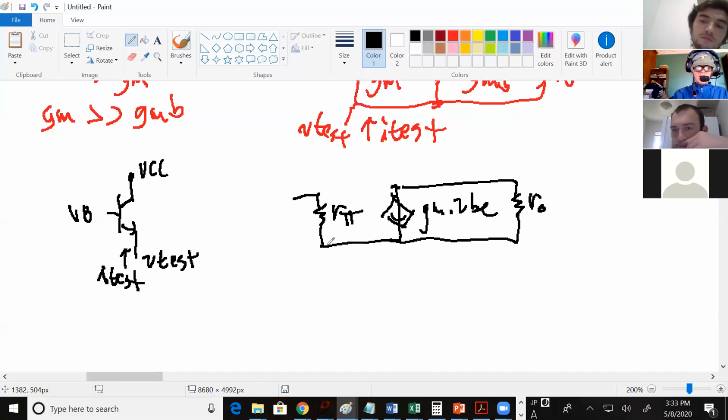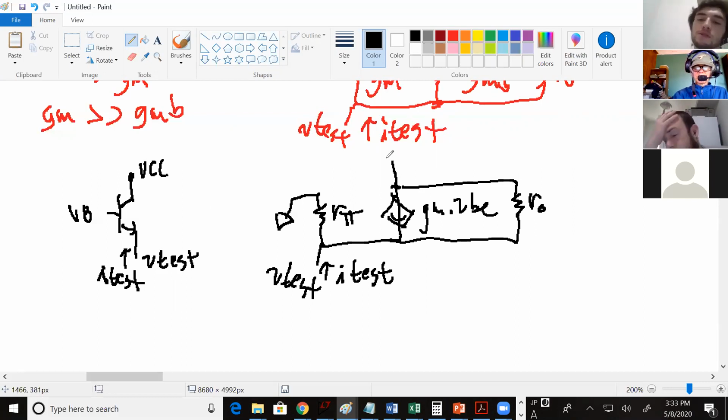And then I see that the input is over here. It's on the emitter. I see that there's a DC voltage into the base, so that gets grounded. I see there's a DC voltage on the collector, so that gets grounded.